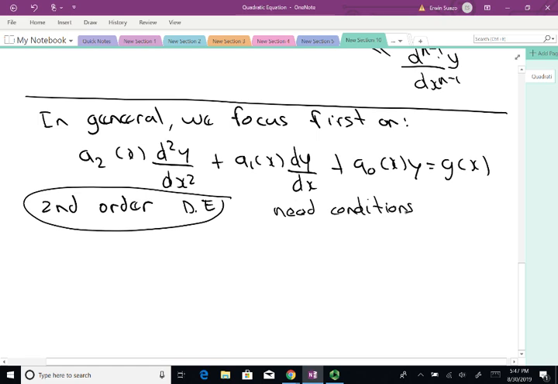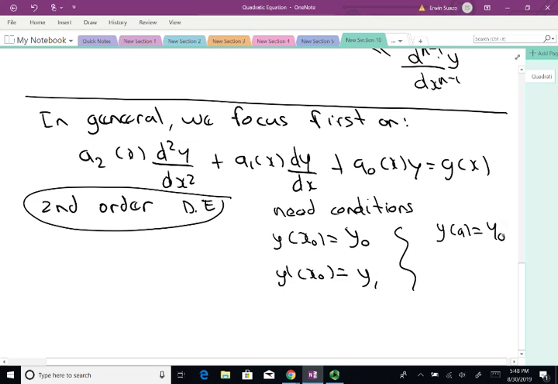I apologize for my writing. I'm not very comfortable writing on this computer. My arm is kind of in the air. So y of x0 equals y0, y prime of x0 equals y1, or the possibility could be y of a equals y0, y of b equals y1.